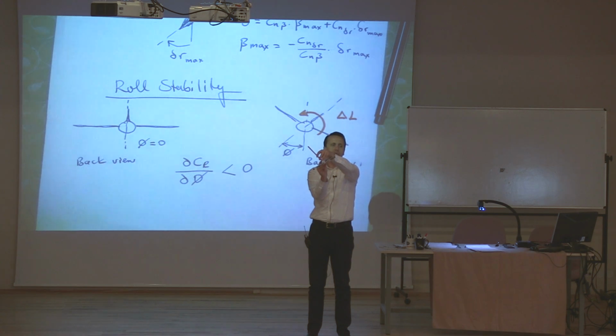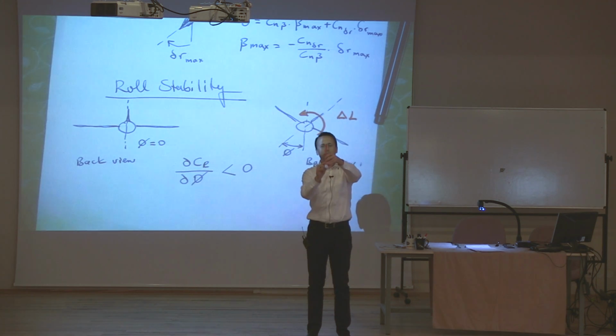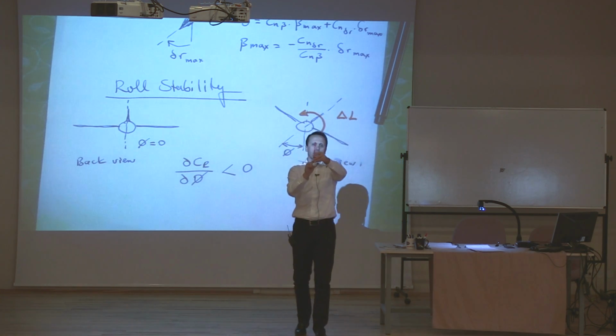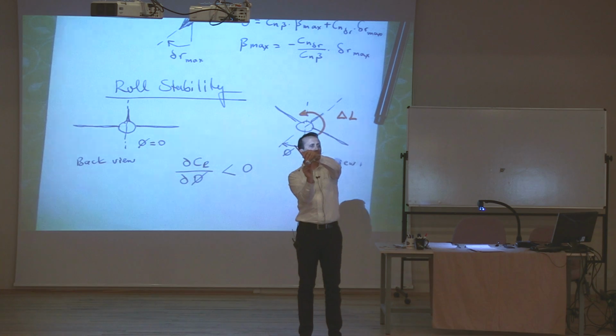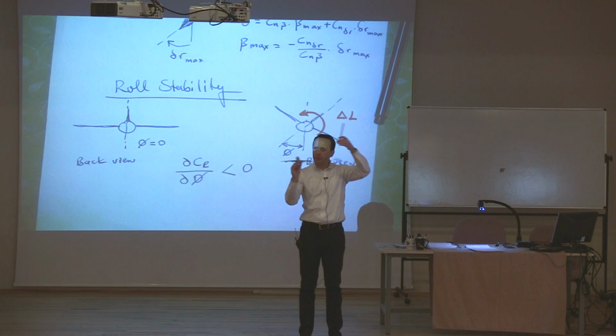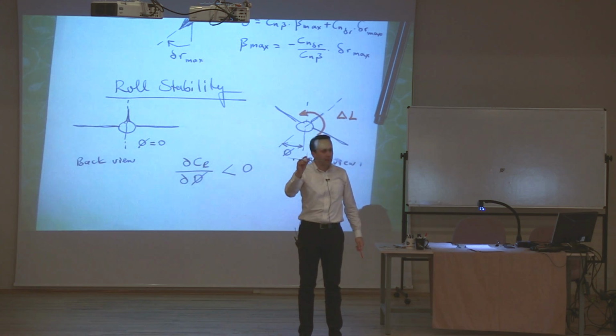Well, you are going in the right direction, but I have to explain a little bit more. The reason, here's the thing. Because of this phi, for the airplane to roll back, there's really no reason. If you have an airplane that flies like this, and you only rotate it like this, okay, there's no reason for it to come back. There is no aerodynamic surface that will rotate it back. Okay?